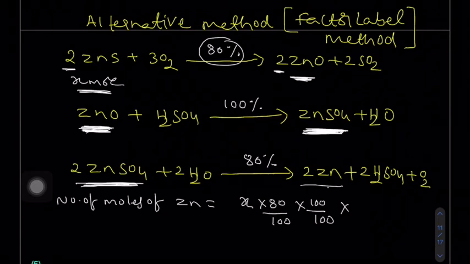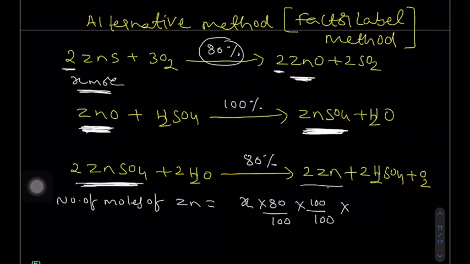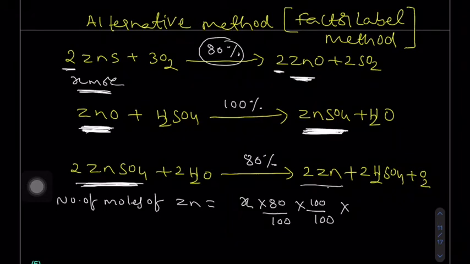This much ZnSO4 will give the same moles of zinc, that means X into 80 by 100 into 100 by 100. Now for the third one, 80% is there, so again I am multiplying by 80%.